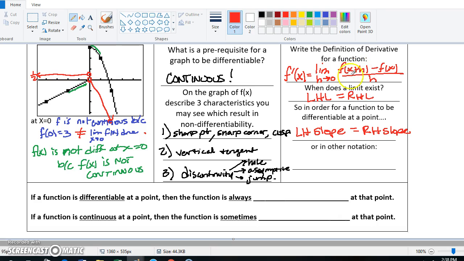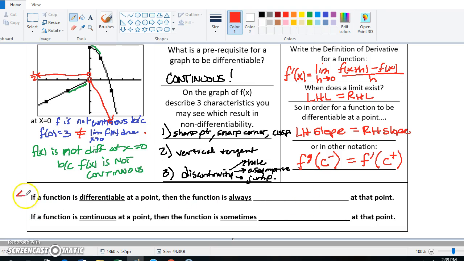Another way to say that, a little more mathematically, is that f prime at some value on the left side of c must equal the slope of the function at c on the right side of c.